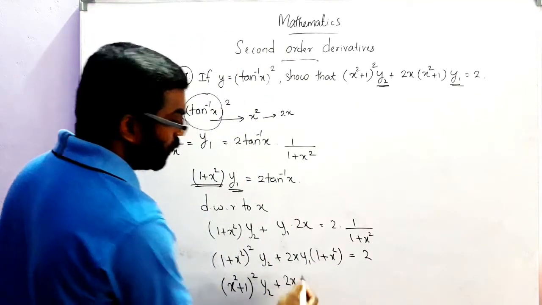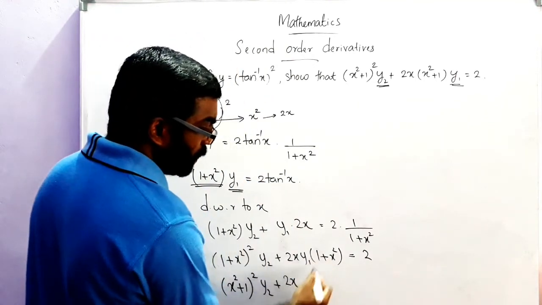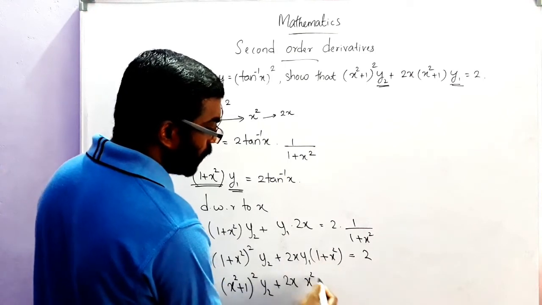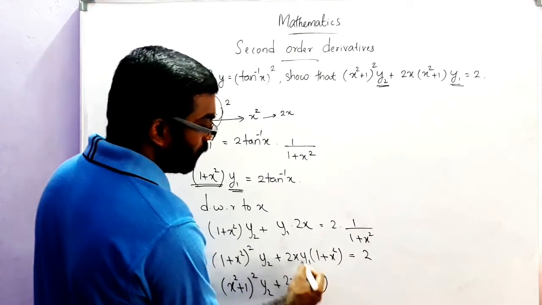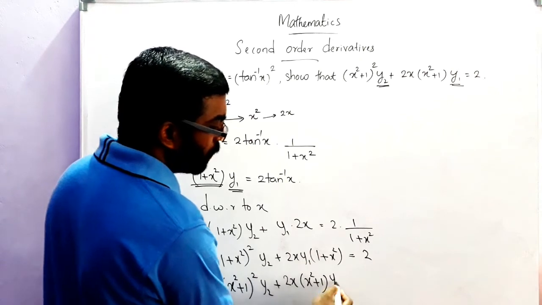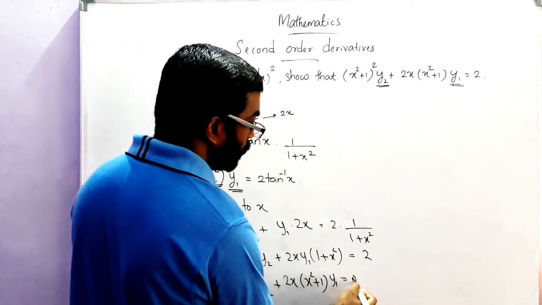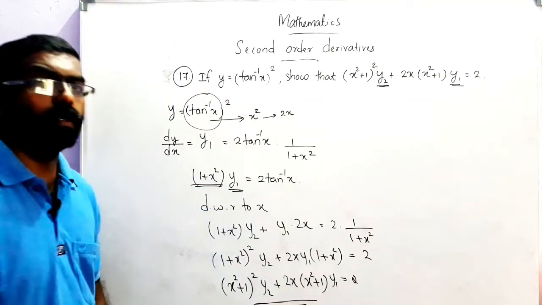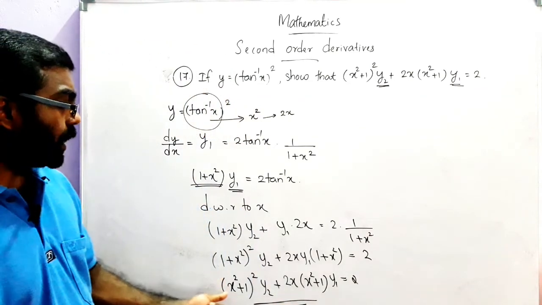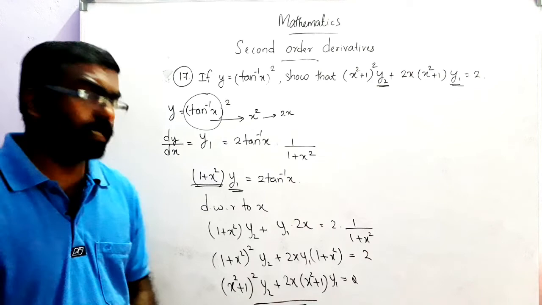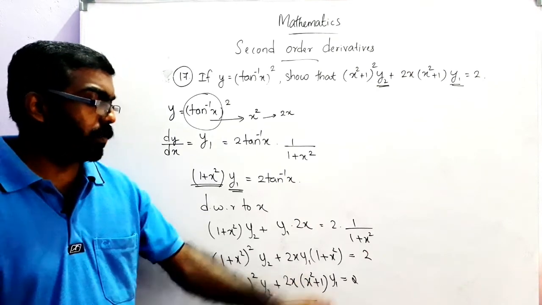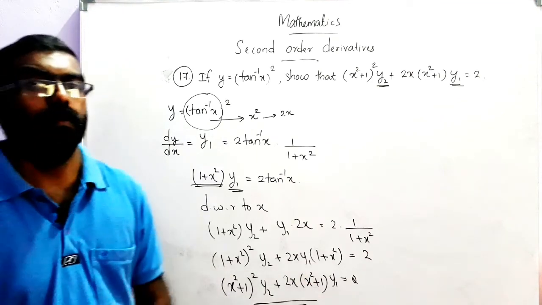Here 2x into this term we can write first 1 plus x square, that is x square plus 1. Then finally we can write y1. Okay, which is equal to 2. Understood? That is x square plus 1 the whole square into y2 plus 2x into x square plus 1 into y1 is equal to 2. Okay.